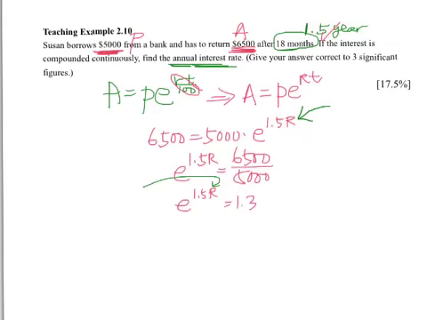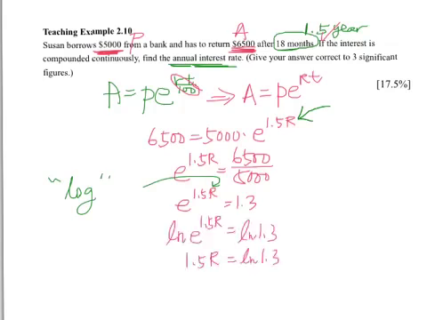We have to take log. Okay, let's take log on both sides. We take the natural logarithm on both sides, and then this part becomes 1. Okay, so therefore 1.5 R is equal to ln 1.3, using the calculator now.